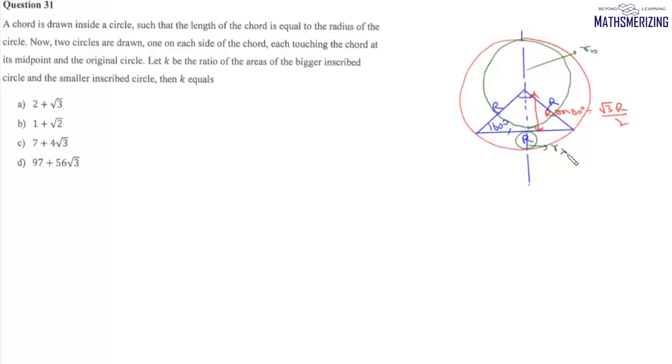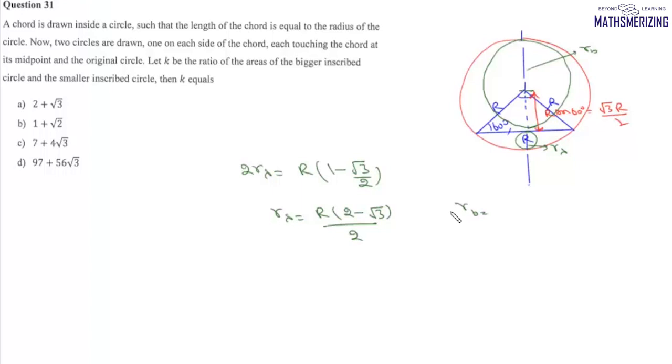Now if we have to find this R small, we know that this length is equal to R, and this length is root 3 R by 2. So the diameter of this smaller circle, 2 R small, will be R times (1 minus root 3 by 2). So we can write the radius of this smaller circle as R times (2 minus root 3) by 4. Now we'll find the radius of this bigger circle.